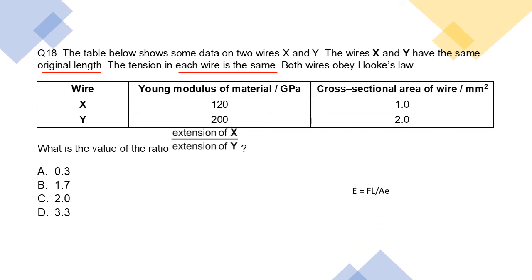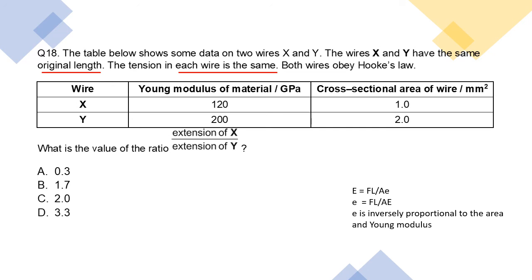Again, you have to look at the equation for Young modulus. If you make extension the subject of the equation, you can see that it is FL over A times the Young modulus. Force and the length are the same. So that tells you that extension is inversely proportional to the area and Young modulus.